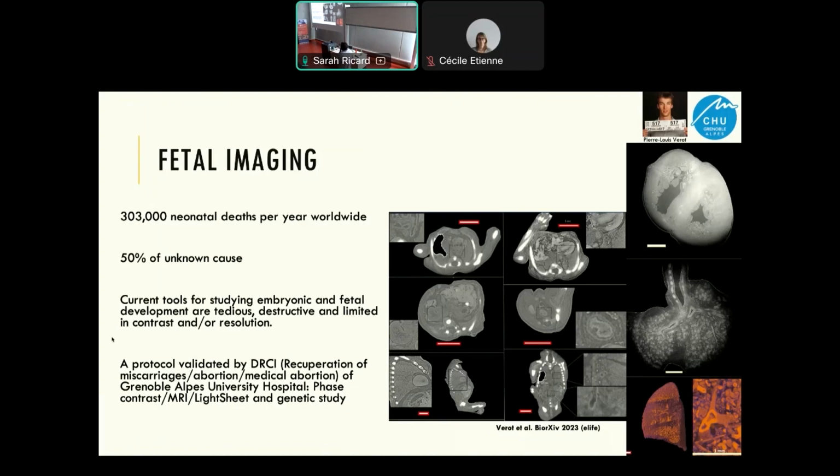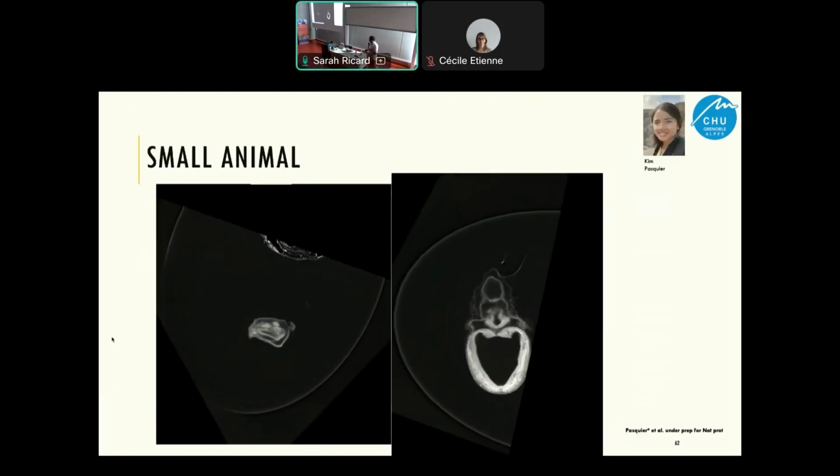Meaning that we can study for the first time in 3D, without degrading the tissue, the anatomy and the evolution of anatomy for normal and pathological cases. So the idea is that we will have miscarriages, abortions and newborn abortions that are at the Grenoble Hospital, and these are images that we can get.